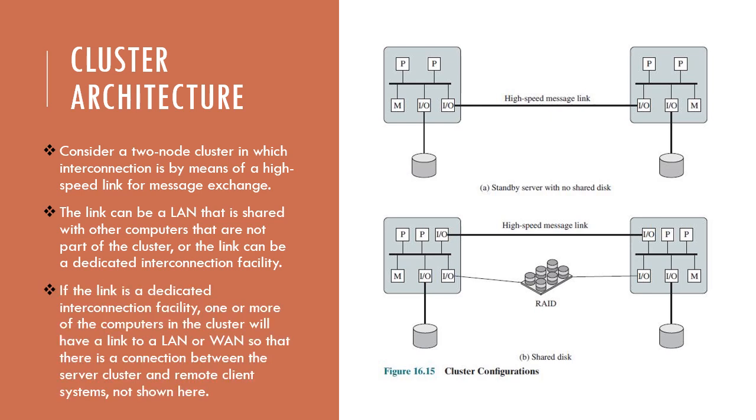If the link is a dedicated interconnection facility, one or more of the computers in the cluster will have a link to a LAN or WAN so that there is a connection between the server cluster and remote client systems, not shown here.